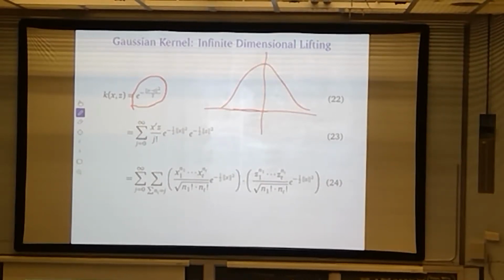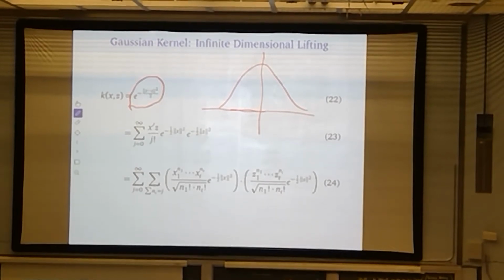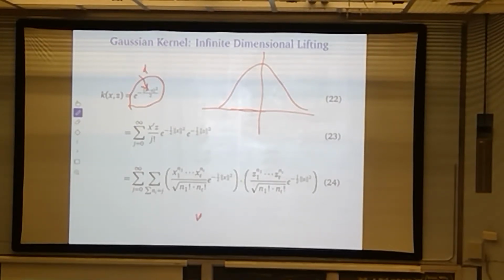It doesn't matter where they are. It's only the distance that matters, the radius that matters. So this is in the raw feature space, whatever D dimension, and in the lifted space, M is actually infinitely long. So this is a very powerful lifting.